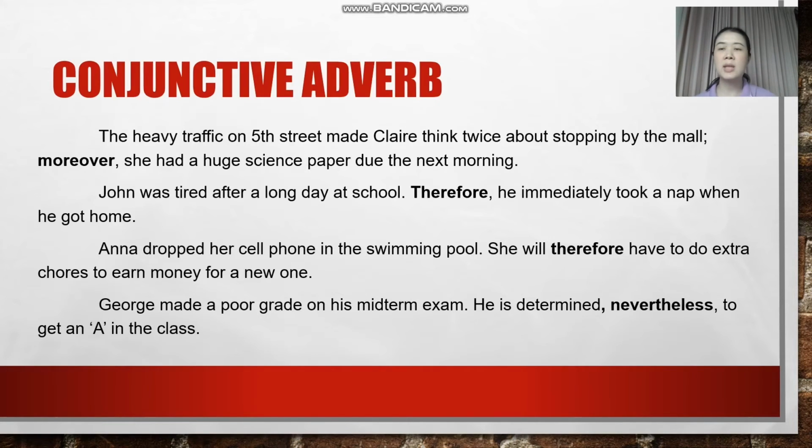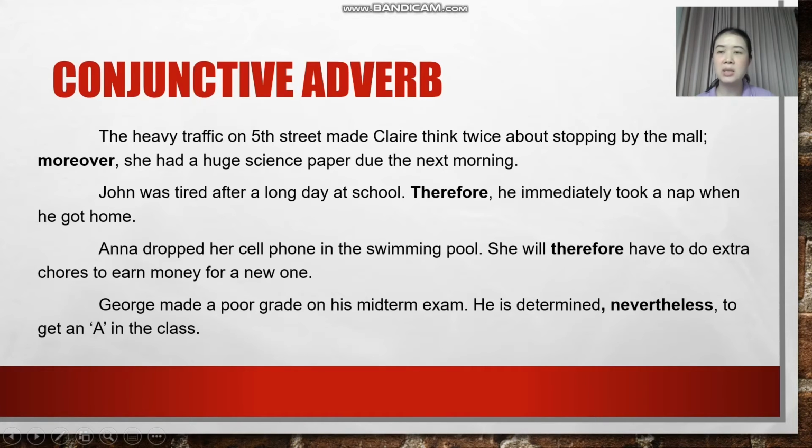Okay, so you can see that I have several examples for you here. The first sentence: The heavy traffic on 5th Street made Claire think twice about stopping by the mall. That is the first clause, and then followed by the semicolon. Moreover, she had a huge science paper due the next morning.